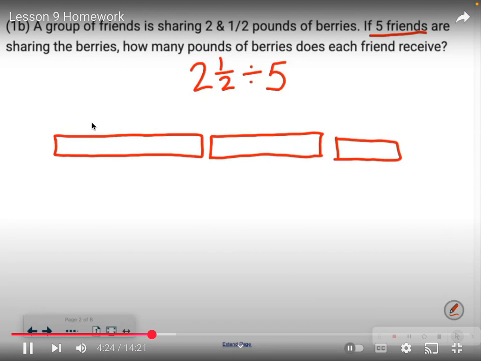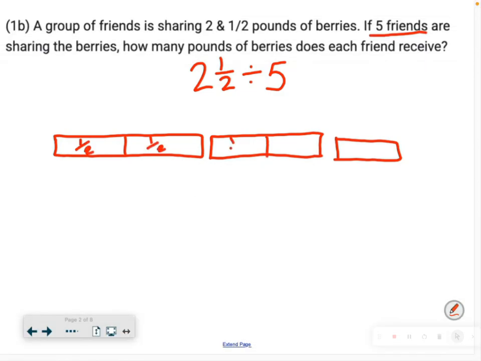You could do fourths, but when I think about the easiest way to split it up, if I just think about halves, if I split this in half and this in half, you're going to have 1 half, 2 halves, 3 halves, 4 halves, and then this last one is just 1 half. So splitting it up just into halves is enough in order to split it up 5 ways.